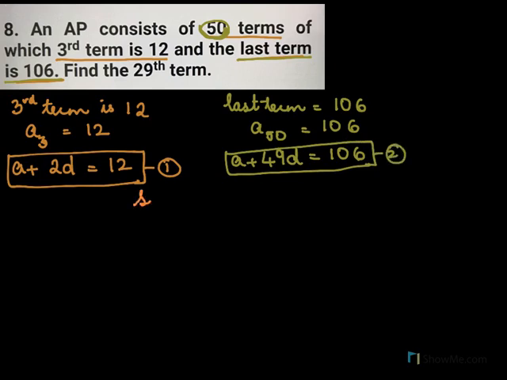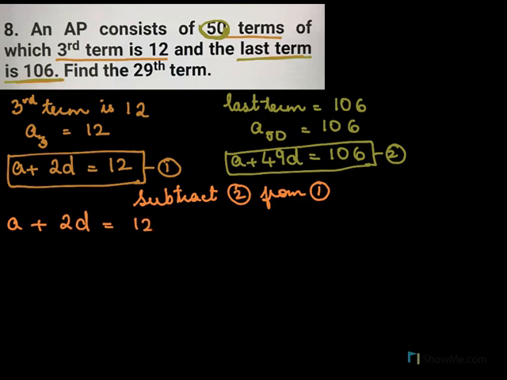For the next part, I will subtract equation 2 from 1. So I have a plus 2d equal to 12, a plus 49d equal to 106, and since I'm subtracting, I need to change my signs.